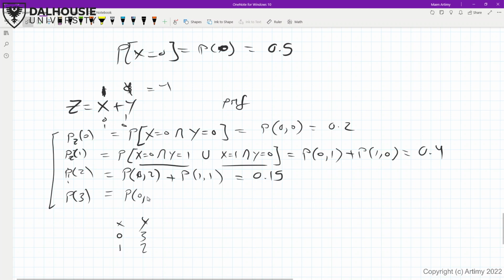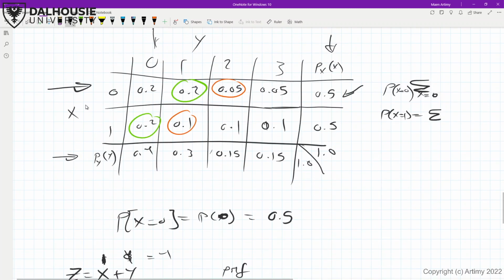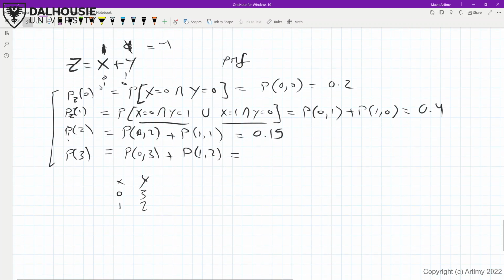So that's (0, 3) and (1, 2). So that's another 0.15.